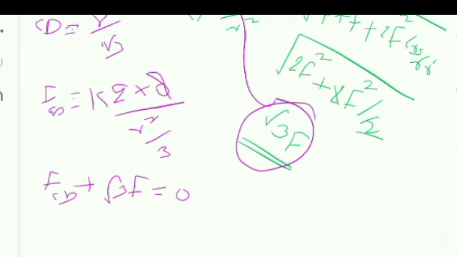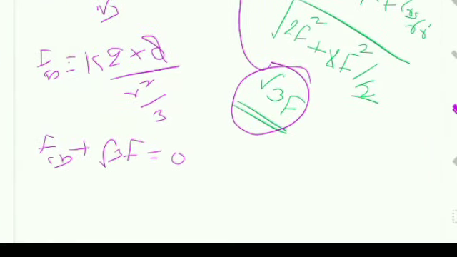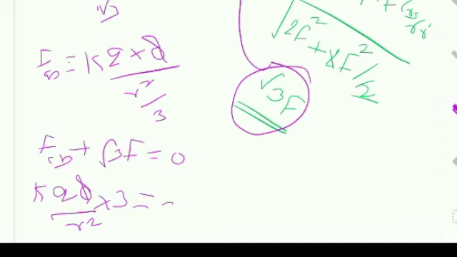This we can write: K q capital Q by R square into 3 is equal to minus root 3 into k q square by r square.